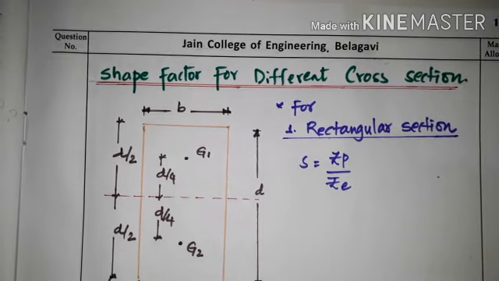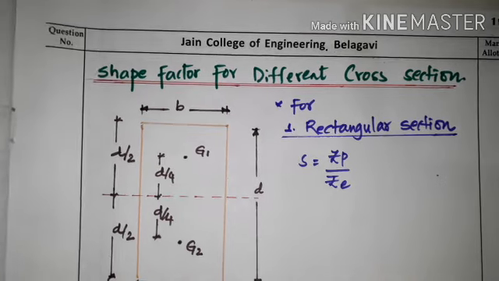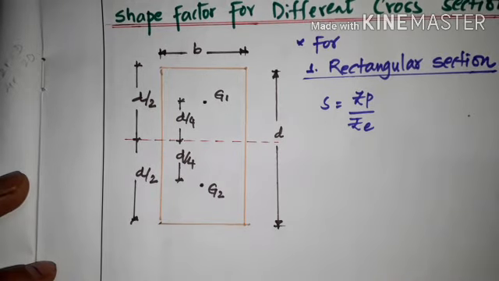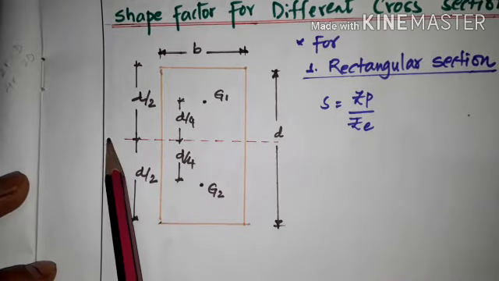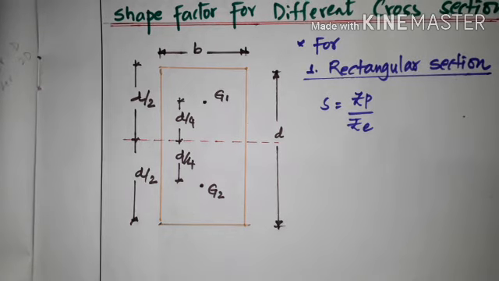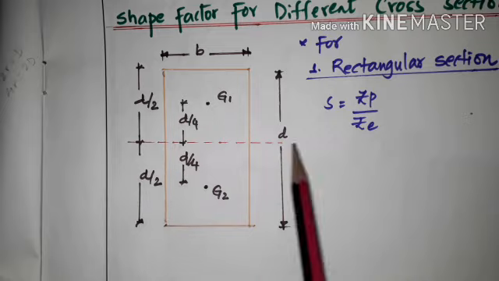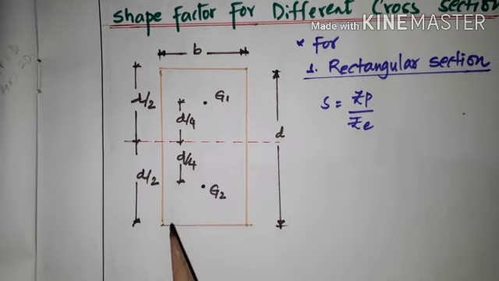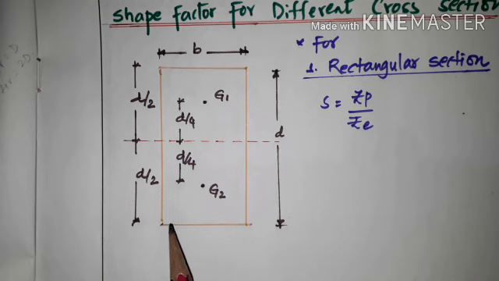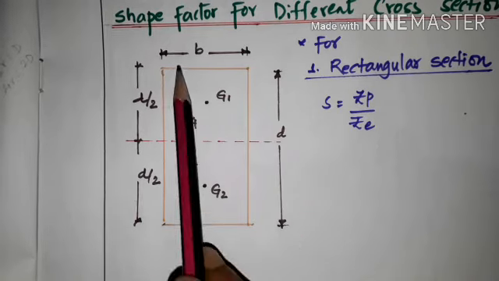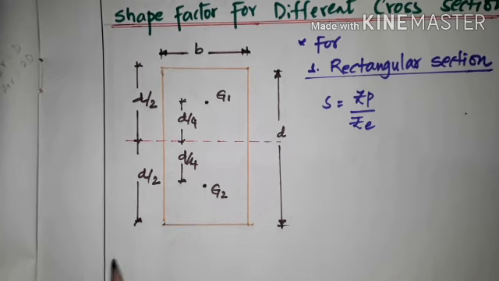Here you can see we have a rectangular section of width B and depth D, and it is a uniform, symmetrical section. So the equal area axis and the neutral axis both coincide because it is a symmetrical section. The distance of the fibers above the equal area axis is d by 2 and below is d by 2.